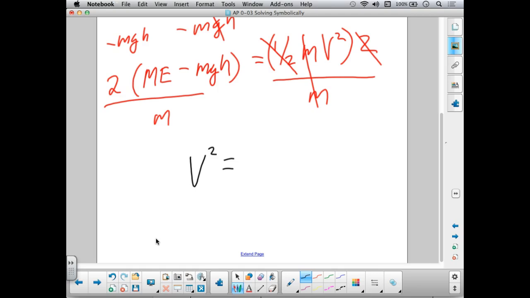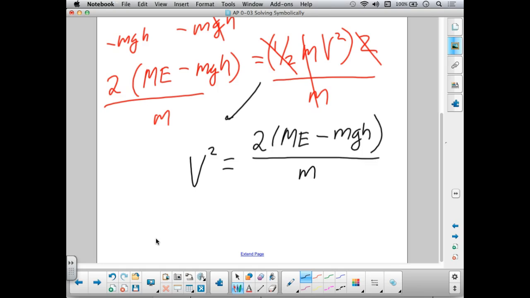I have v squared on one side. I just moved it over to the left-hand side because that's where I want it. And I have 2 times the quantity mechanical energy minus mgh, divided by the mass. Okay, I'm almost there.